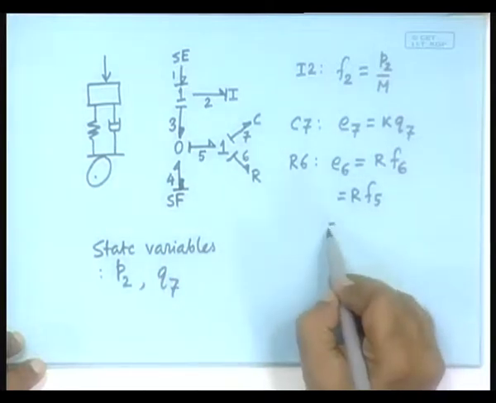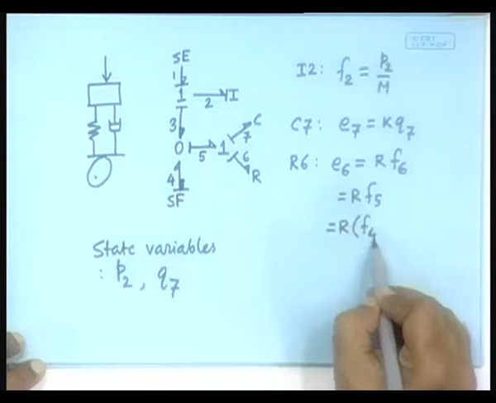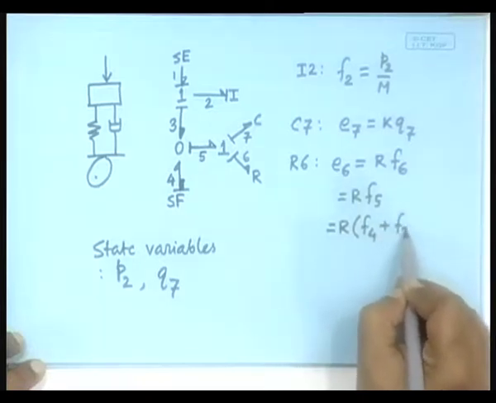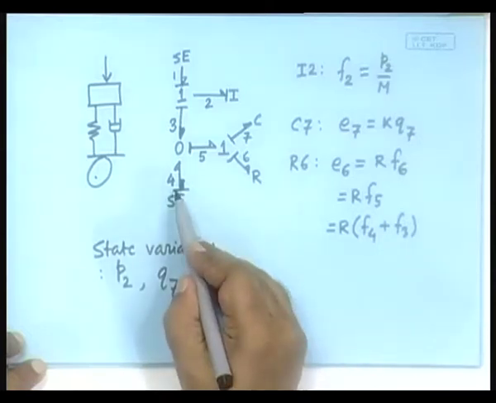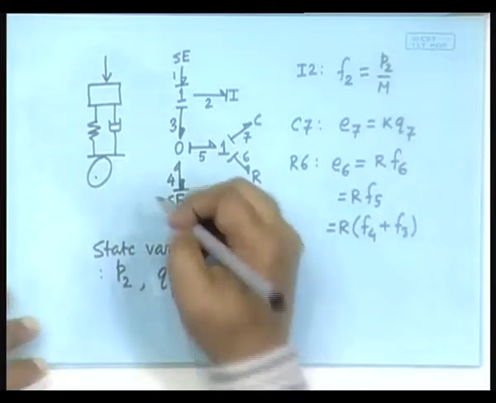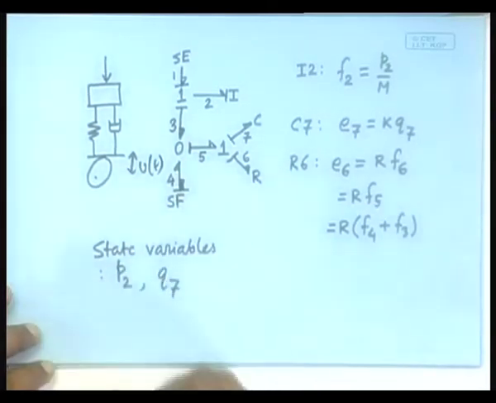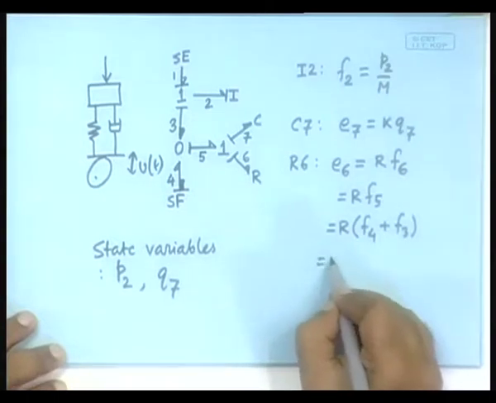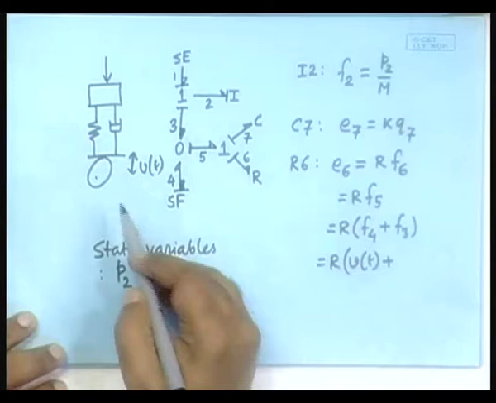So, now we can substitute here R times F4 plus F3. F4 is known, it is the externally applied current source. Say if this current source is V of t, we can write R times V(t) plus F3.